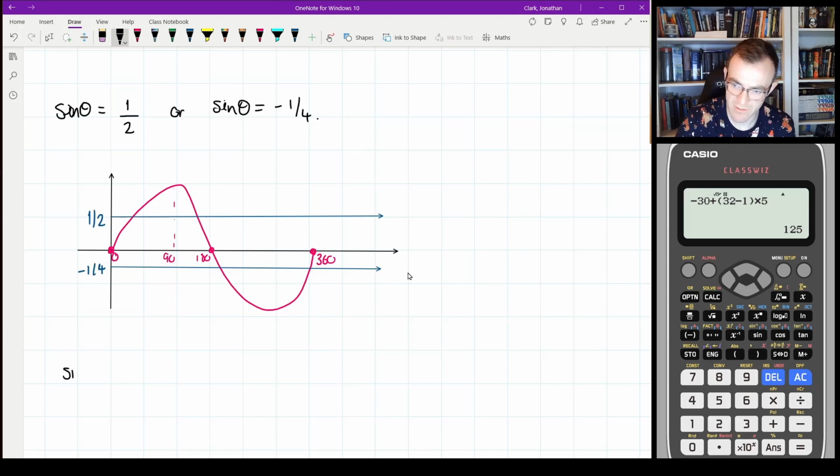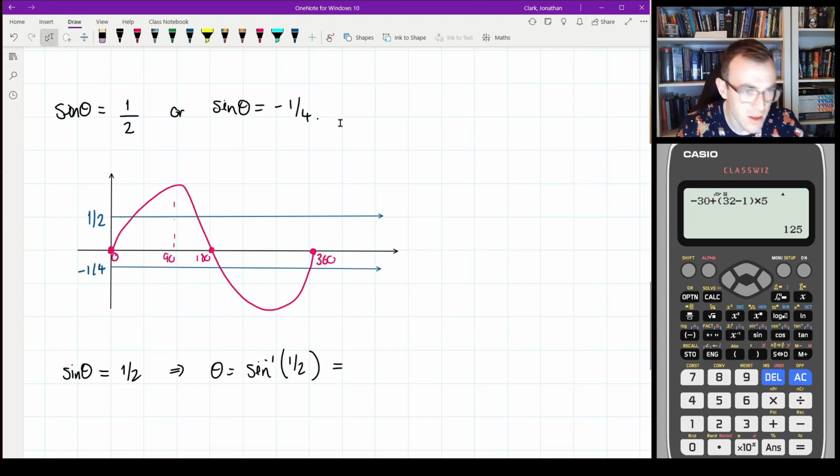Okay. So let's solve the first one. Sine theta is half, therefore theta is inverse sine of a half. My calculator is in degrees, wonderful. Inverse sine of a half is 30 degrees.